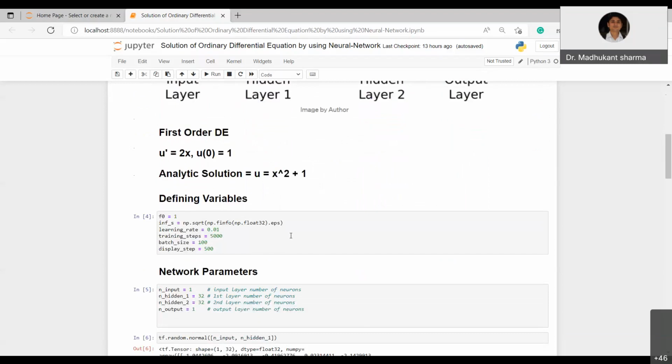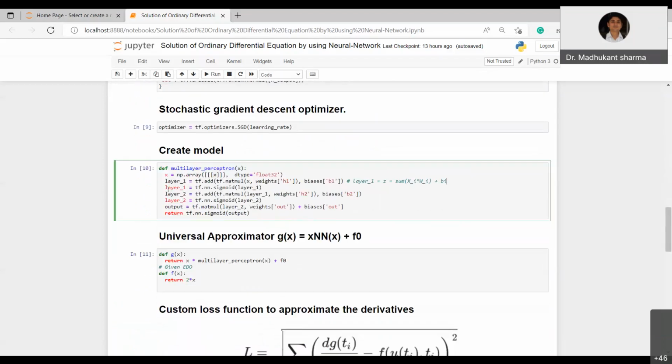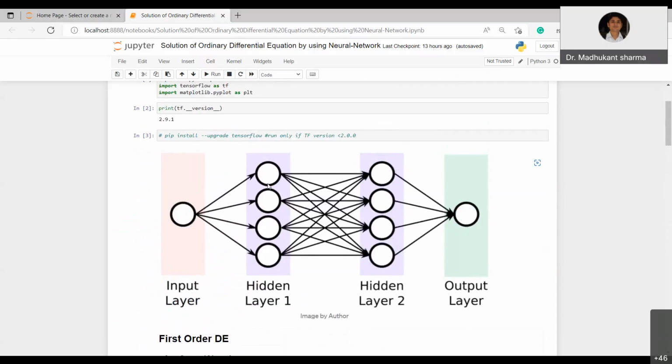After defining layer 1, I am using sigmoid as an activation function. After applying sigmoid, we will get some output. We get some number here, and then apply sigmoid on that number.